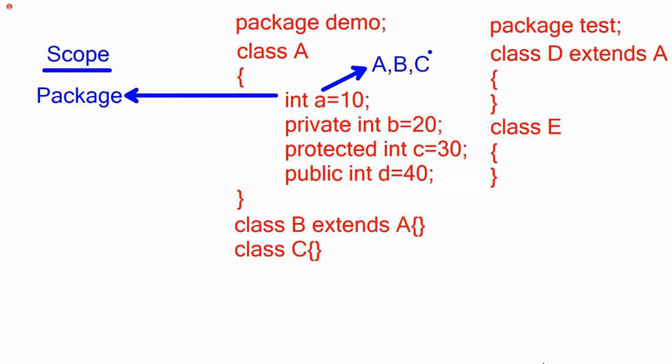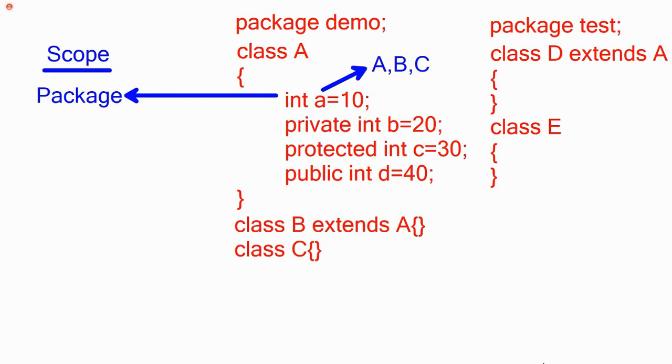Even without writing an access modifier, that type, with no name, has package scope. Within the package you can access it. Within the package, how many classes are there? 3: A class, B class, C class. That's why in A, B and C you can access it. In D and E you cannot access it. If you try to access it, an error comes.